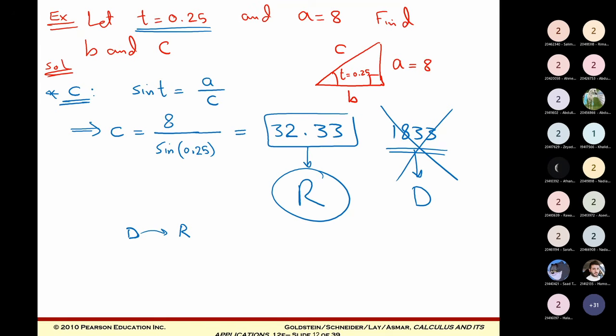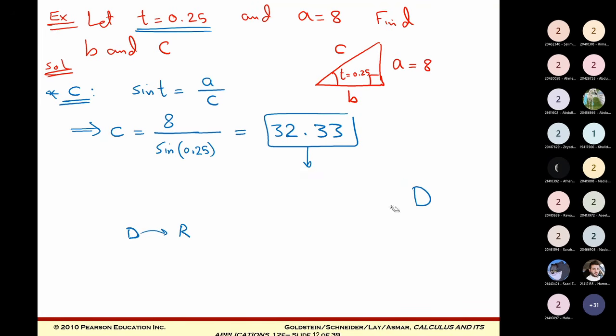You can choose degree and radian, 3 and 4. Now again, radian 4. Yes. Recalculate this one. You must get the answer 32.33. Okay. This is very important.